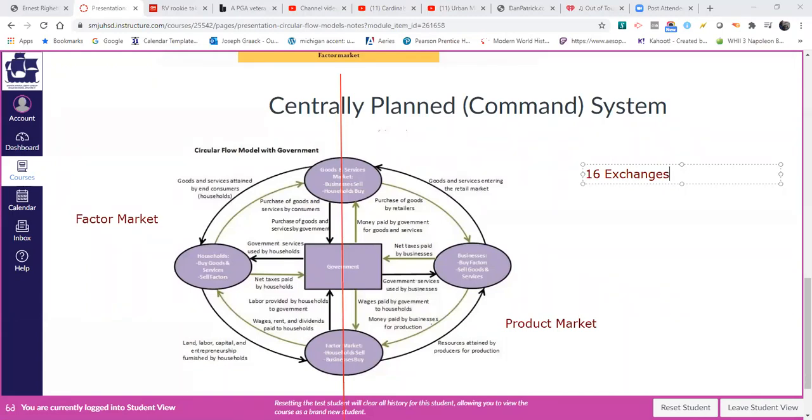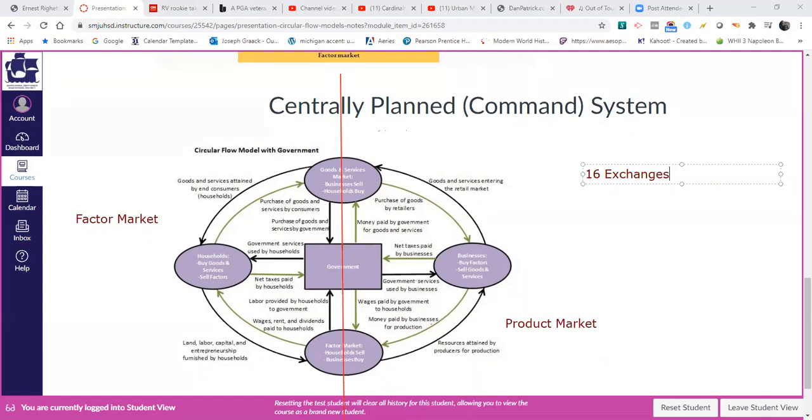consumers go to households. In exchange, right, they're going to offer money or time or services for that. You see the purchases of goods and consumers, purchases of goods and consumers by retailers, and then the government intervention in that. You have taxes and government services back and forth as we move down.